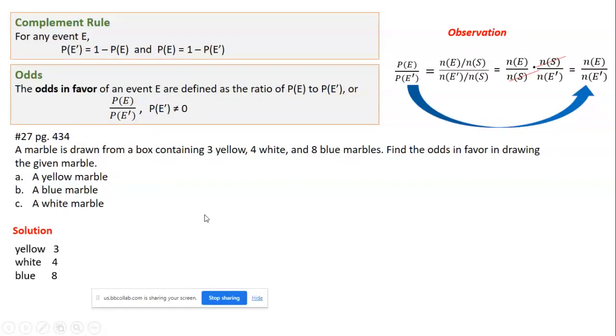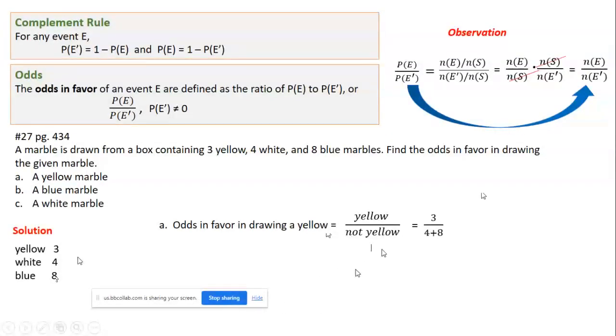First, we need to know that we have 3 yellow, 4 white, 8 blue. Odds in favor of drawing a yellow. Well, we have the yellow and not the yellow, right? This is the probability of the event happening and its complement. So here, the probability of getting yellow is 3, right? That's our event. There's 3 yellows, so we can get 3 events. The probability of not getting a yellow is the 4 and 8, right?